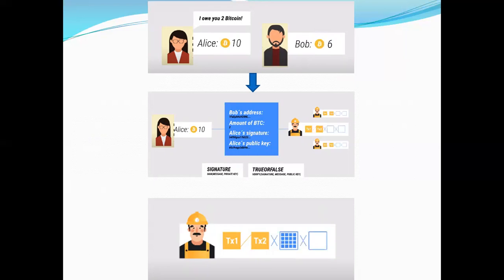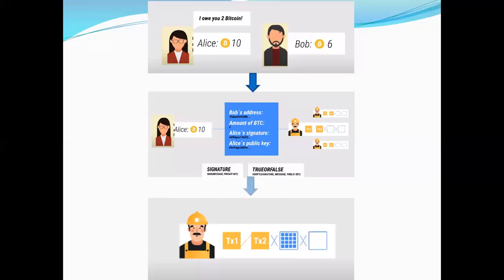In this transaction, Alice gives miners Bob's address and the amount of Bitcoin she would like to send, along with the digital signature and her public key. The signature is made with Alice's private key, and the miners can validate that Alice is in fact the owner of those coins.